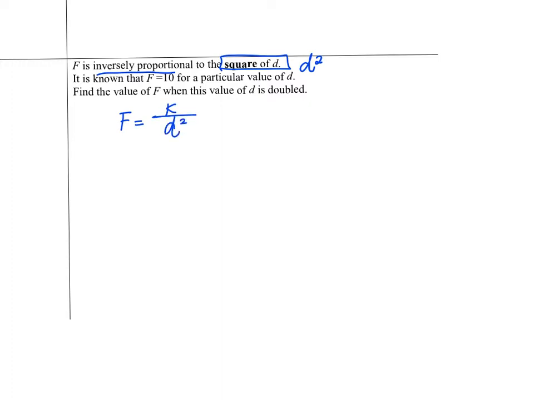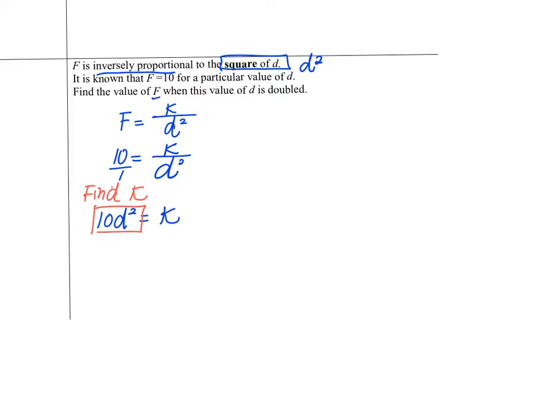It's known that f equals 10 for a particular value of d. I do not know the value, but I know it's d squared. Our objective is to first find an expression for k. Using this, I cross multiply, and I will have 10d squared to be the value for k, for this particular value. Right, now I know this equation, I'm going to keep this.